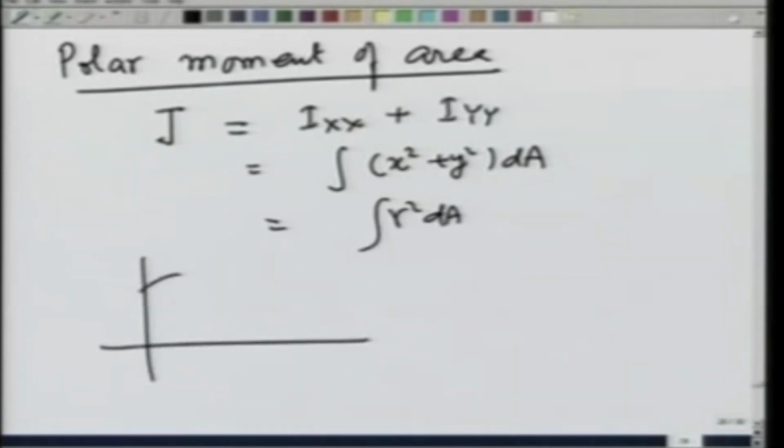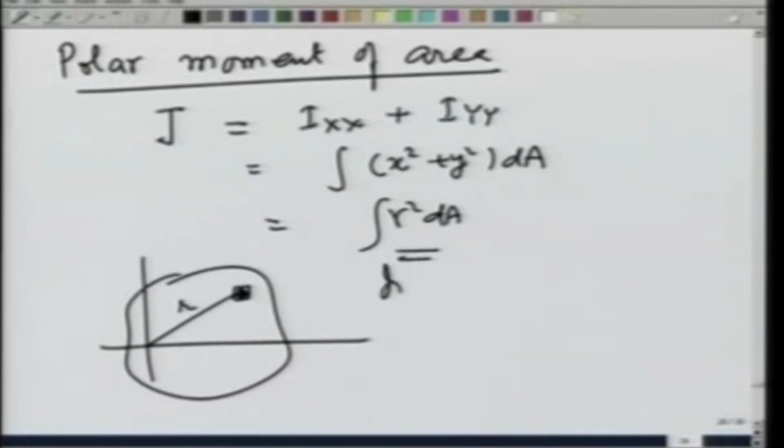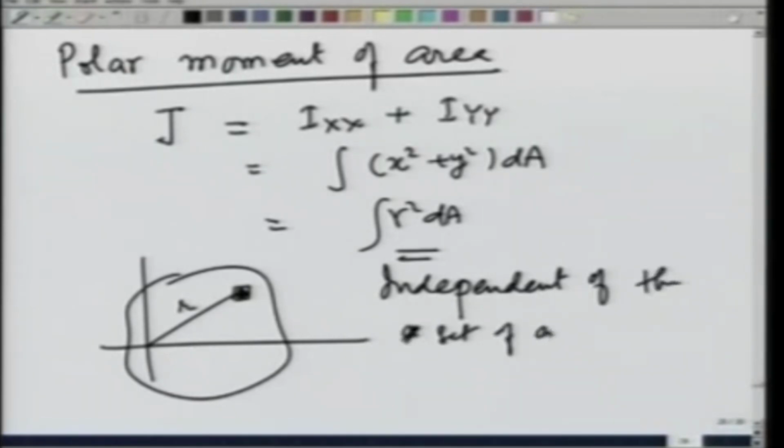Given any area, r squared for a small area chosen is independent of which set of axes we are talking about. So this is independent of the set of axes chosen.